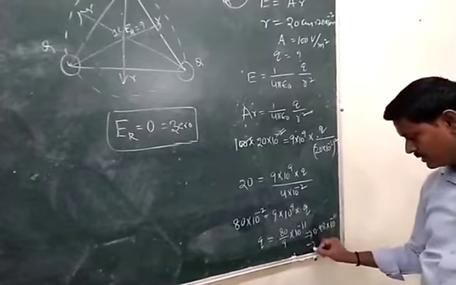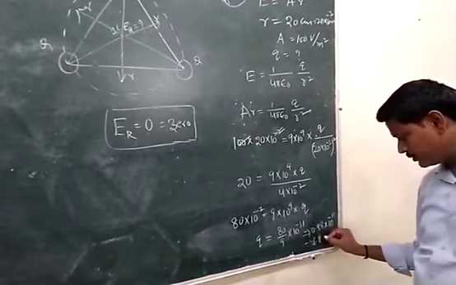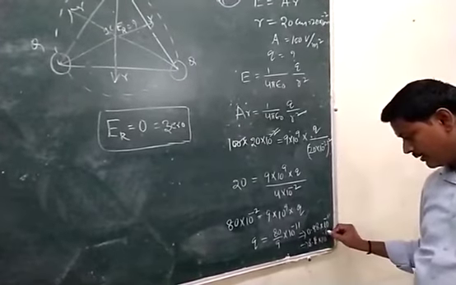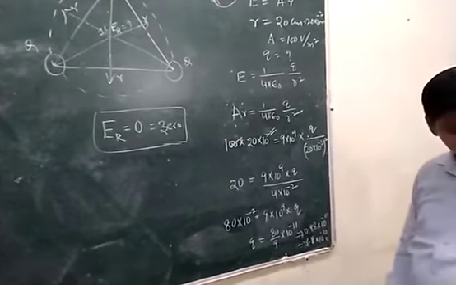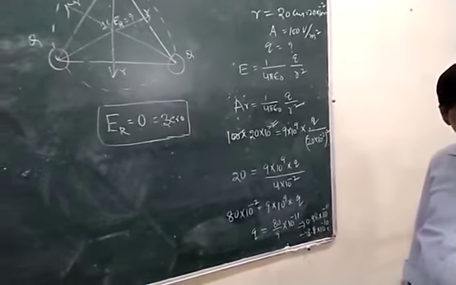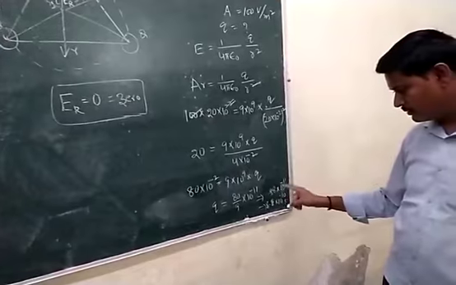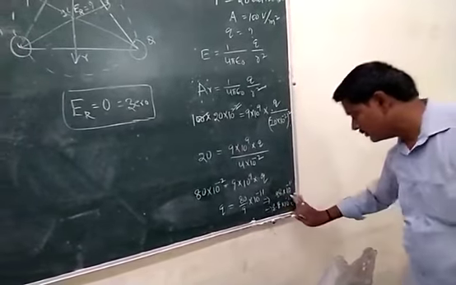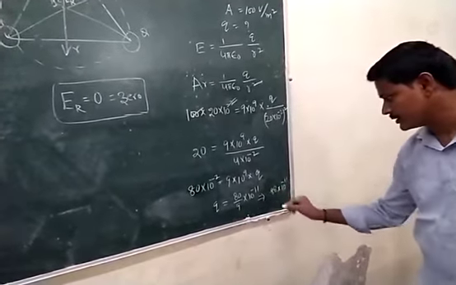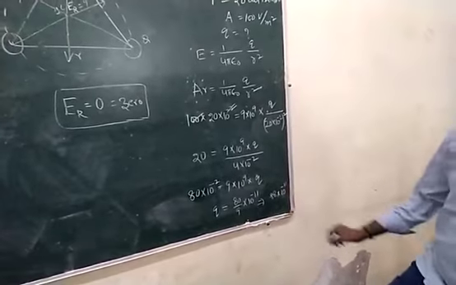After shifting one digit, that is 8.8 into 10 power of minus 10 coulomb.